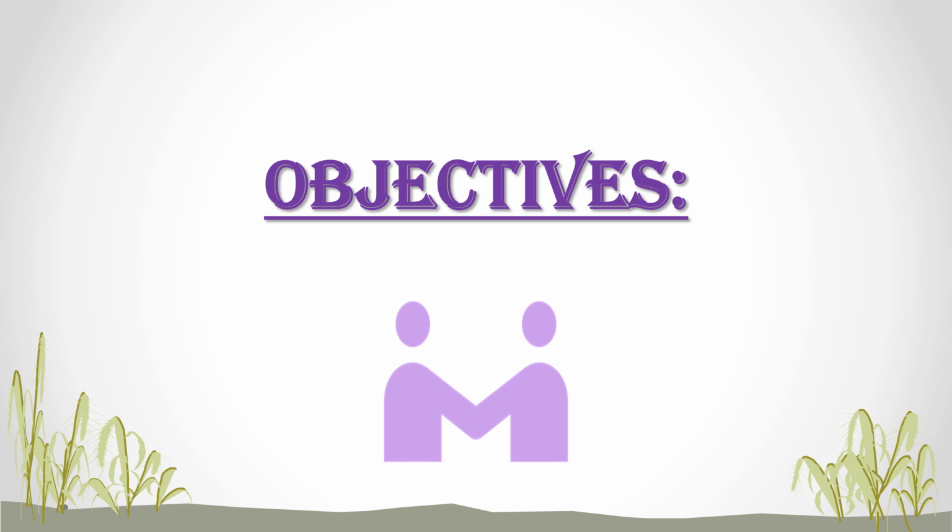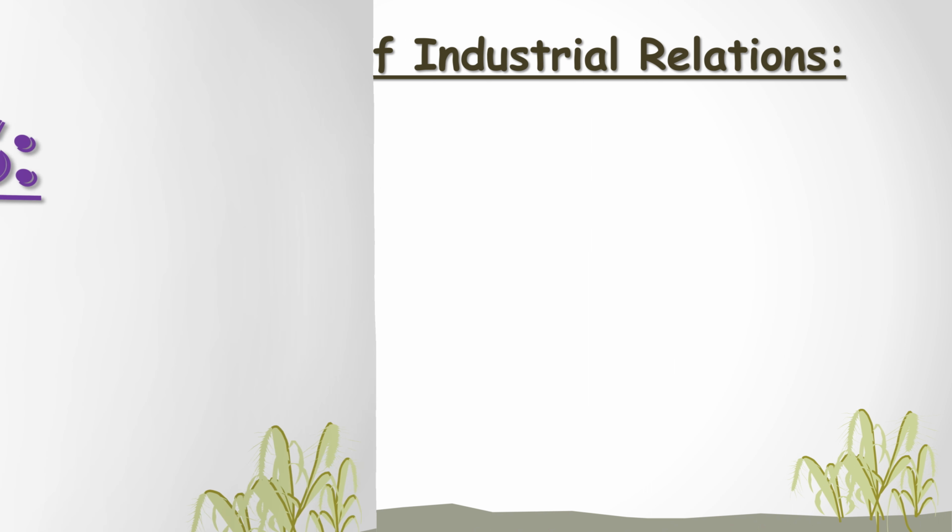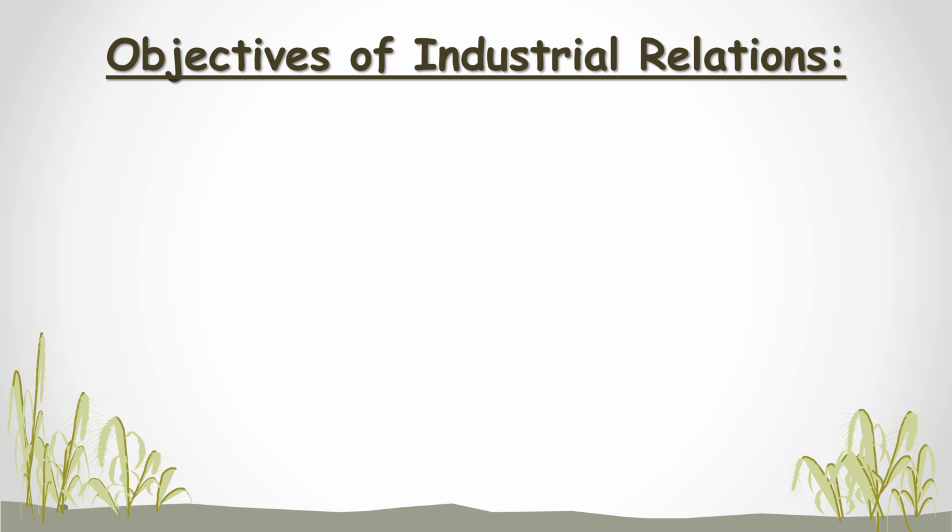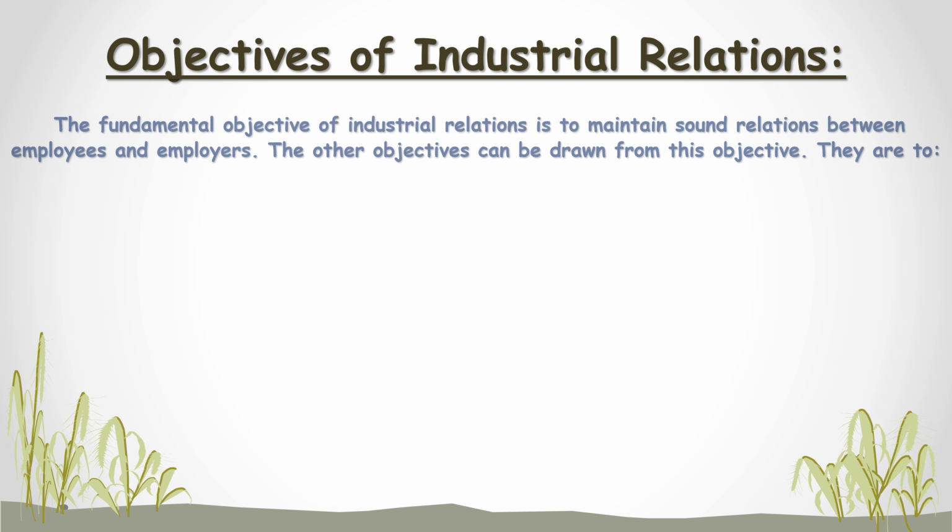Objectives of industrial relations. The fundamental objective of industrial relations is to maintain sound relations between employees and employers. The other objectives can be drawn from this objective.